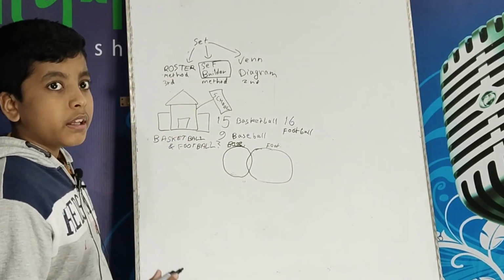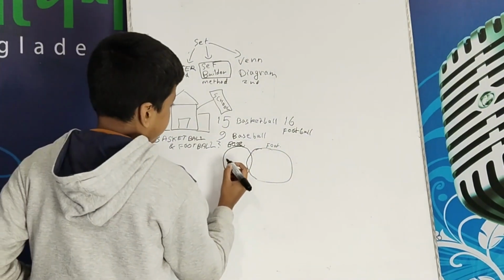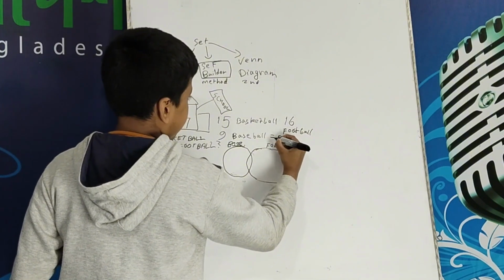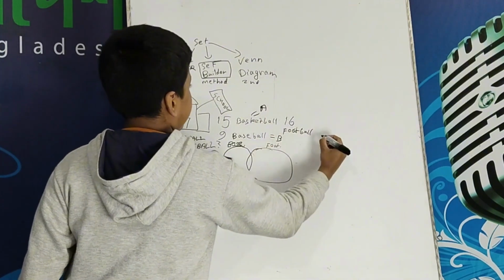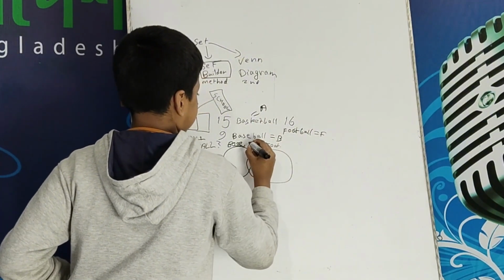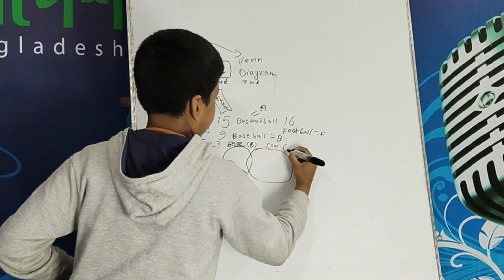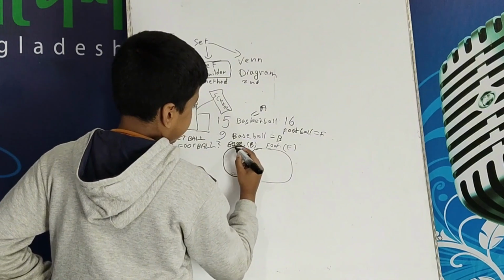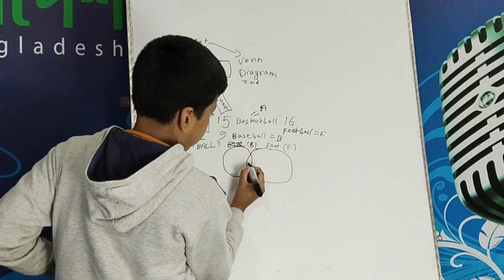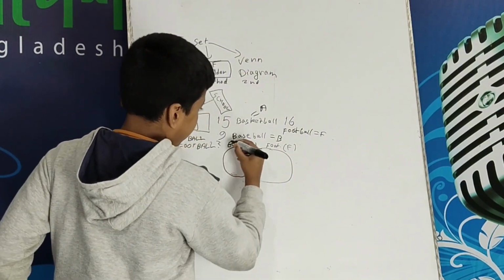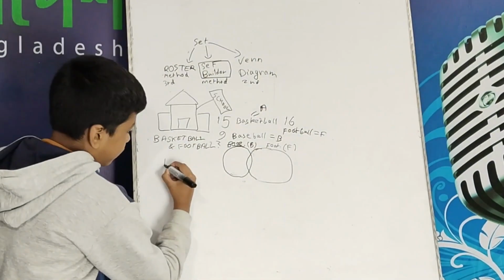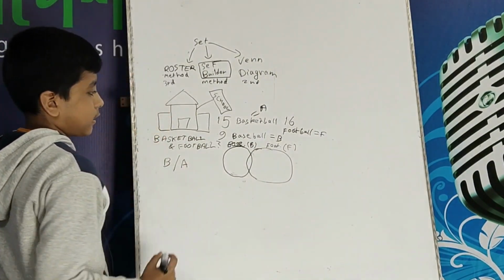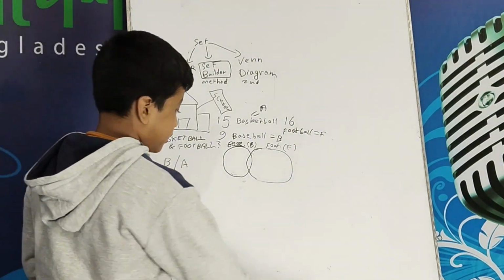Now, let's say this set is B, this set is A, and this set is F. So this is set B, this is set F. We would represent this area with B\F, like this.